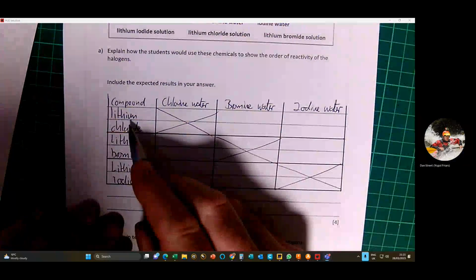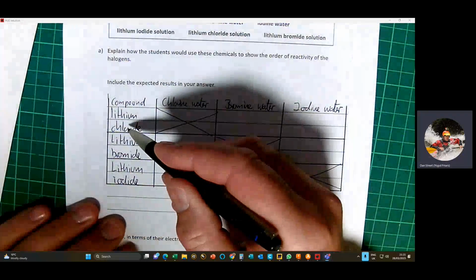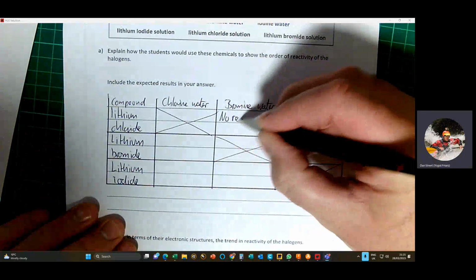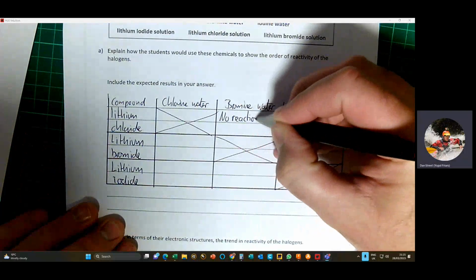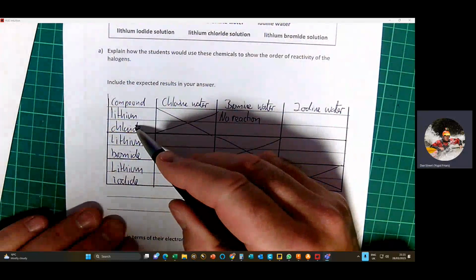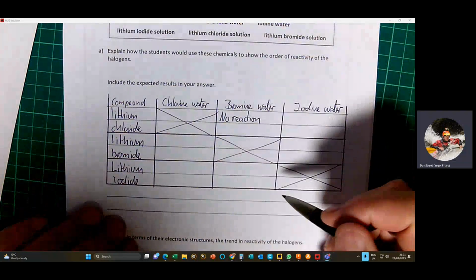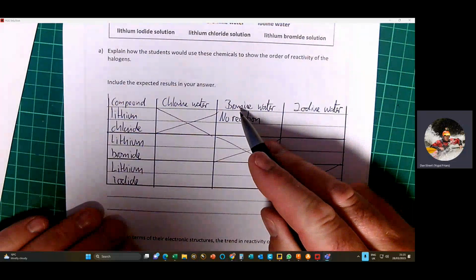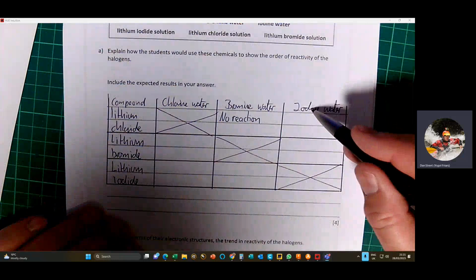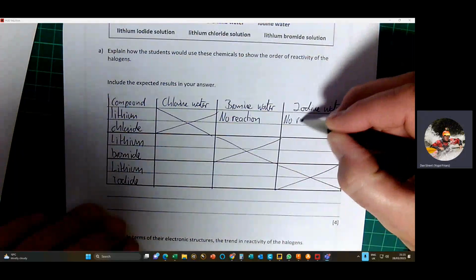And then if we look across each row, if we put bromine water into lithium chloride, there will be no reaction because the bromine is less reactive than the chloride and therefore cannot displace it, cannot change the color of the solution, because the bromine will remain as bromine water. If we add iodine to lithium chloride, then the same would happen, no reaction.